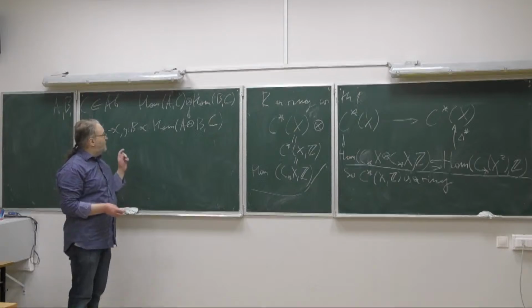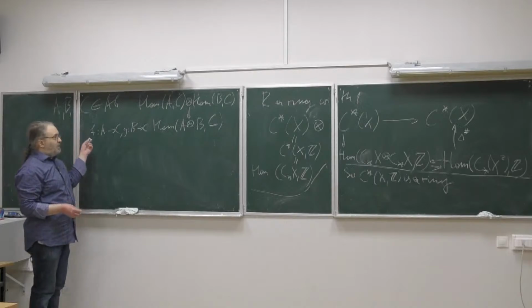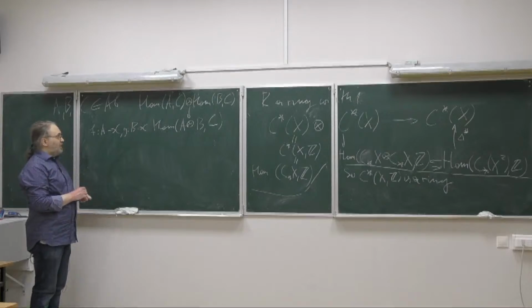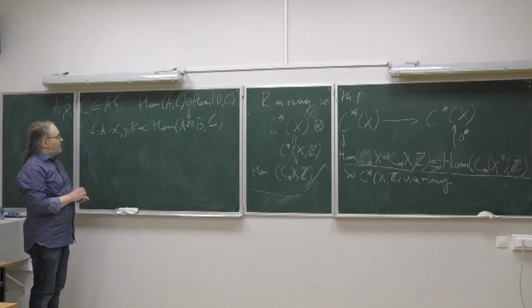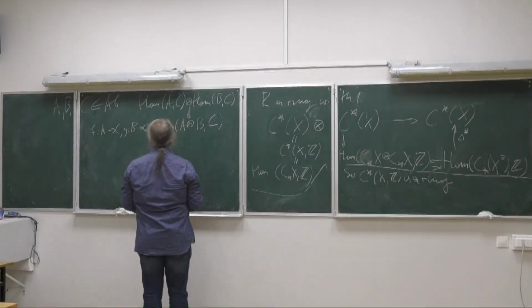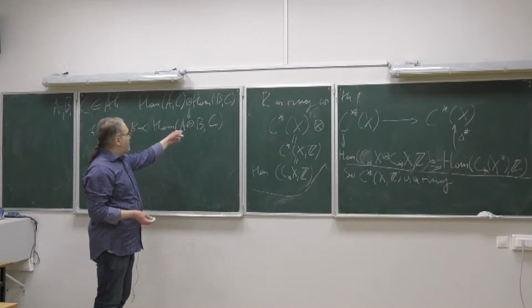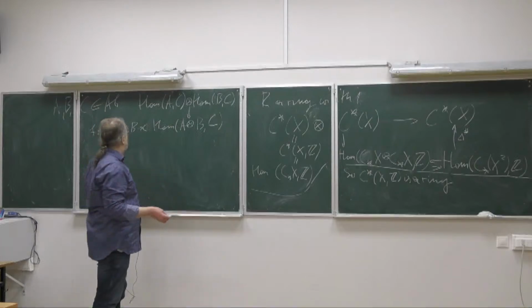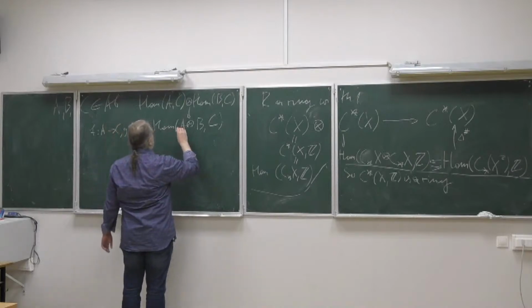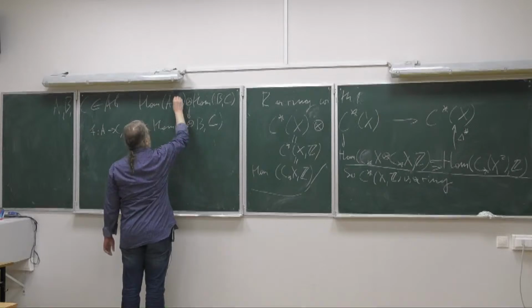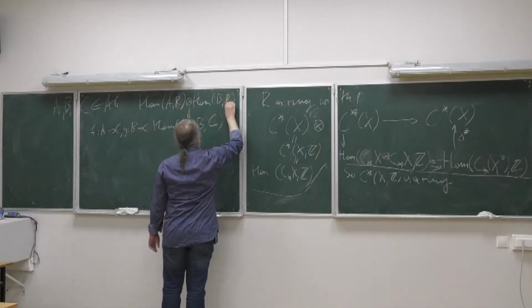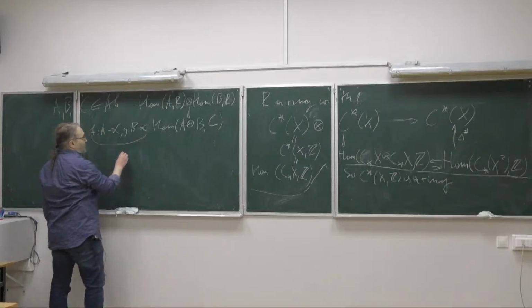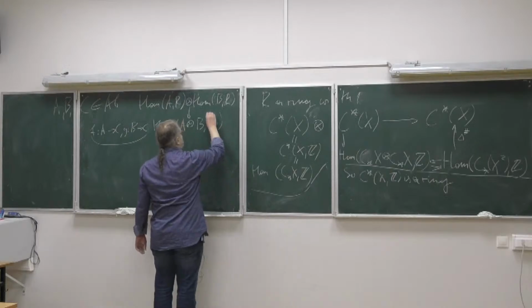I need, so if I have a map and another map, I can take the tensor product of both maps, but then I need to multiply those, and here is why.